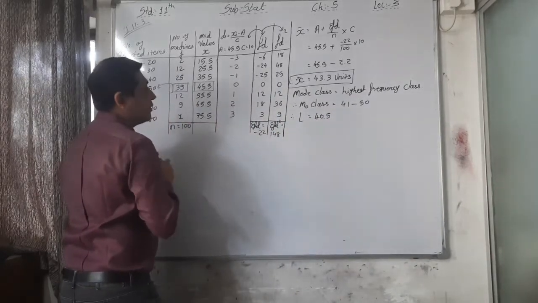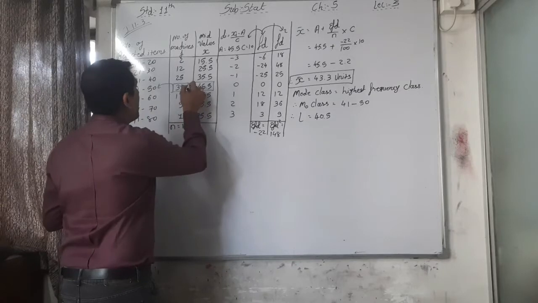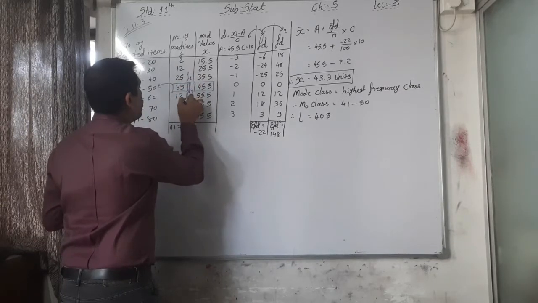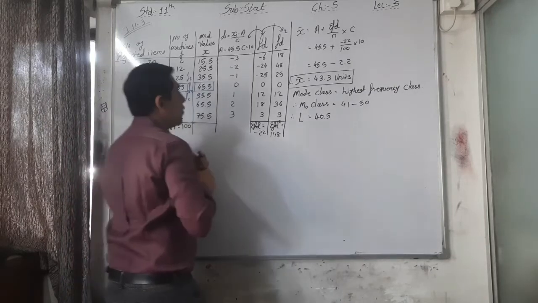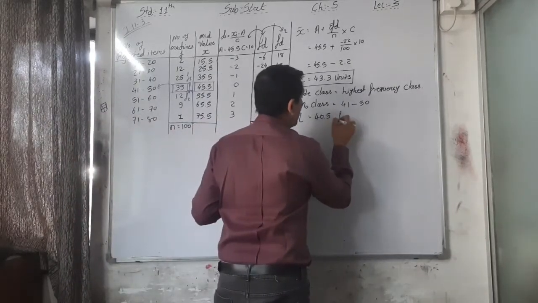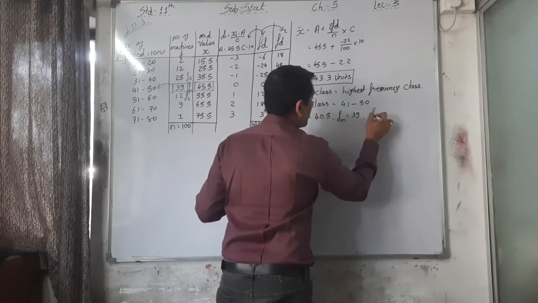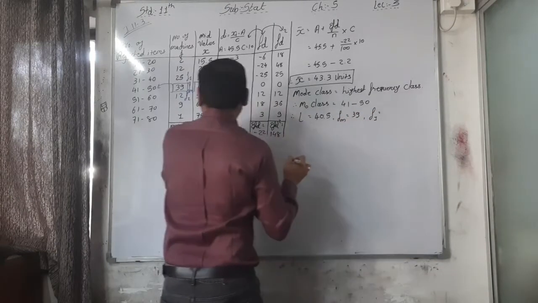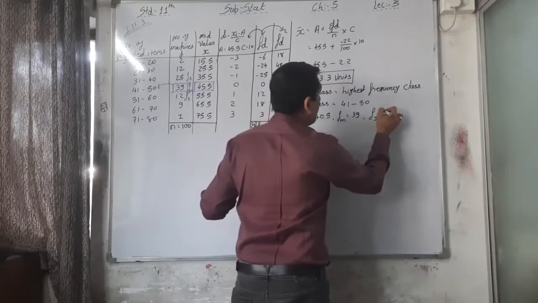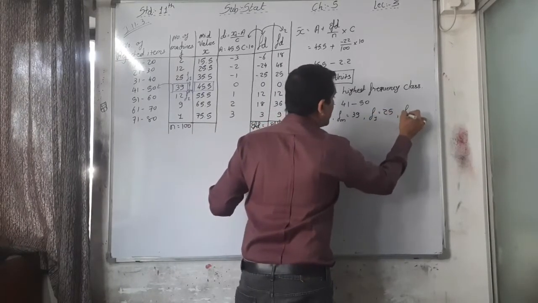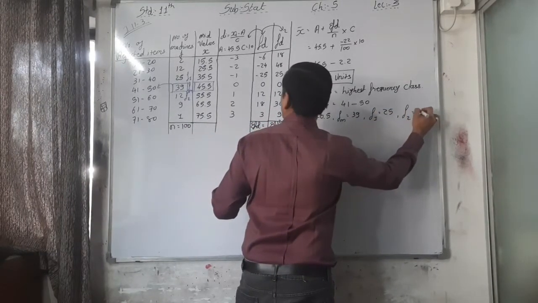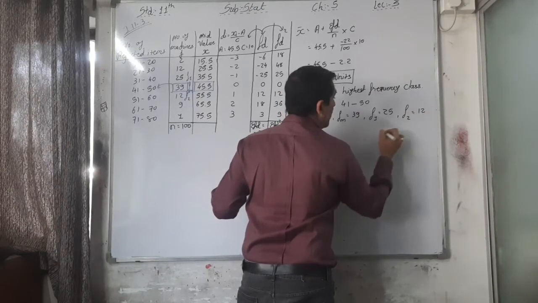Here we have to find out mode, that's why Fm, F1 and F2. Fm, the highest frequency, is equal to 39. Previous class frequency 25. Next class frequency 12.